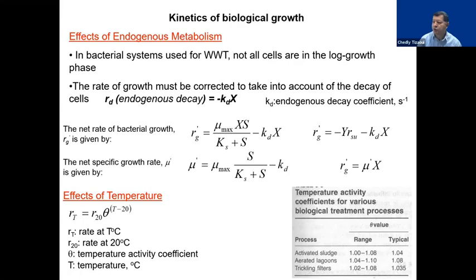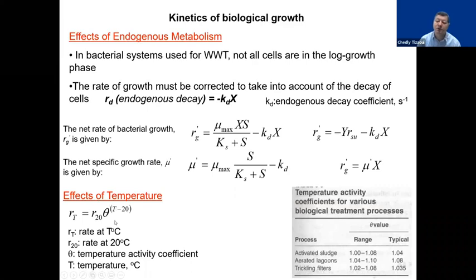The other point to mention is that those rates are a function of temperature. So temperature plays an important role in the growth of bacteria. Generally, the rate RT at temperature T will be the rate at the reference temperature, which is generally 20 degrees C, times theta to the power T minus 20.